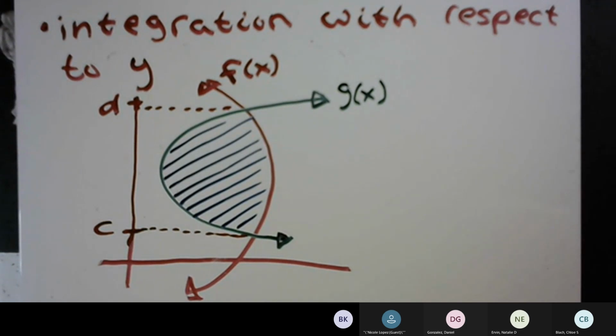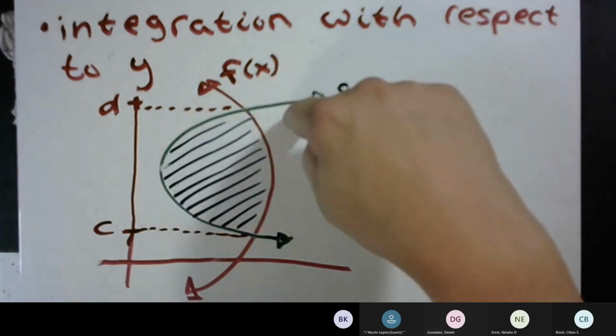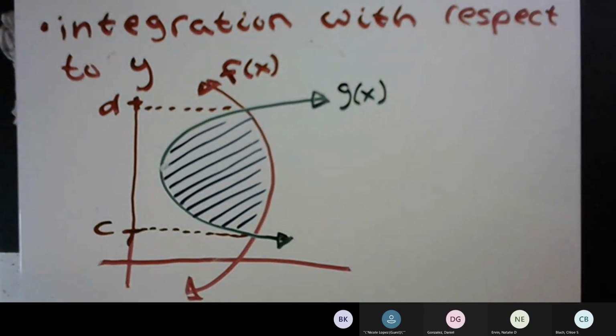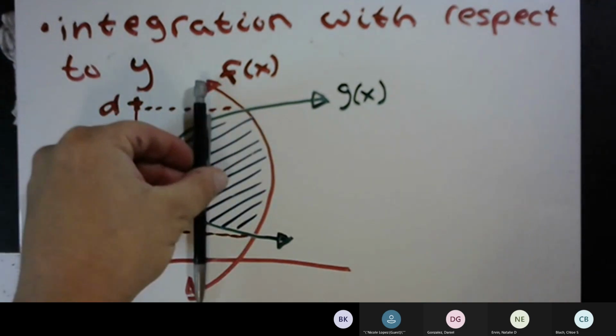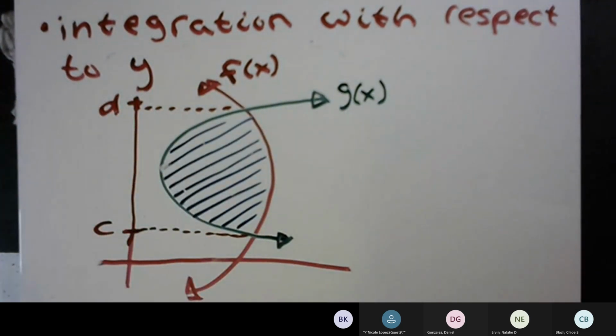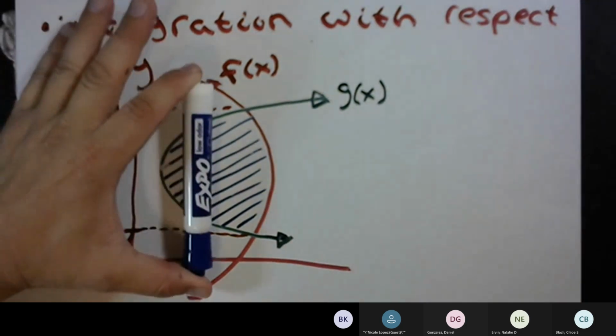So as you integrate from, say, here to capture this area, you're going to need a formula for the top part. Now, this isn't a function. These aren't functions. These are relations. They fail the vertical line test. So these are what we call relations, which is a very generic version of a function where it's okay to fail the vertical line test. Very loose definition compared to functions.